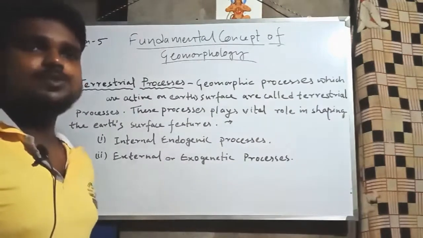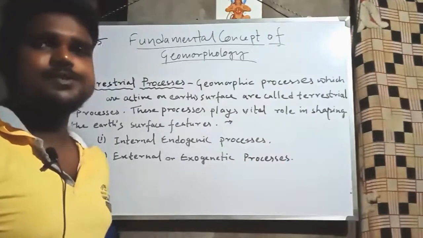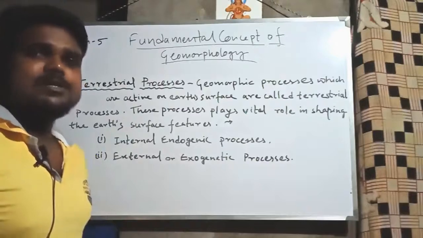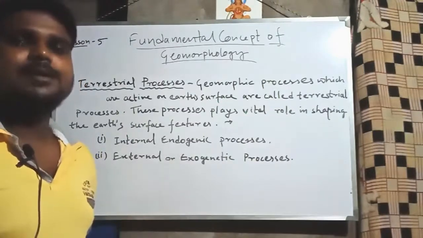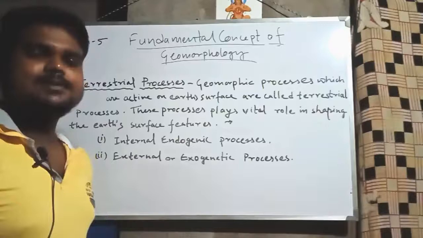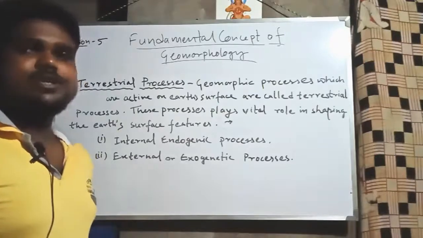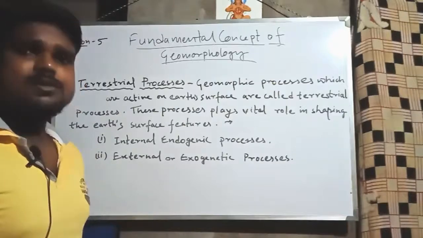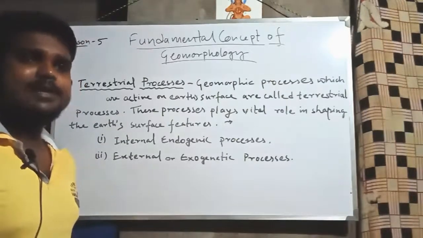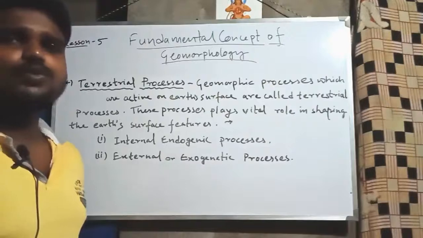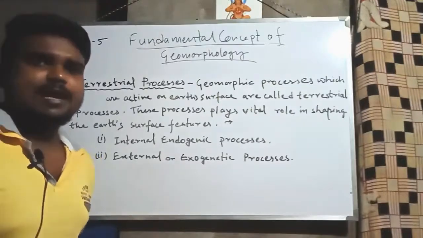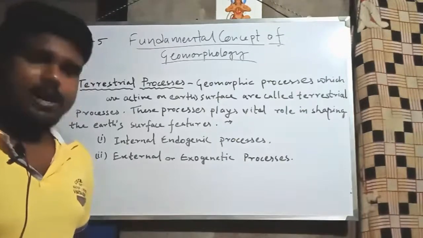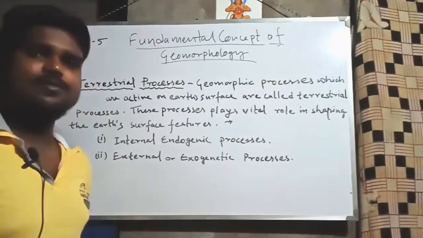Those processes which mainly occur inside the Earth, and the main source of these endogenic forces is the radiogenic decay of some minerals or matter found inside the Earth. That thermal or radiogenic decay causes the release of huge energy, and this energy transfers from the core towards the Earth's surface. When it reaches the Earth's surface, it causes huge upliftment or creation of other landform features.